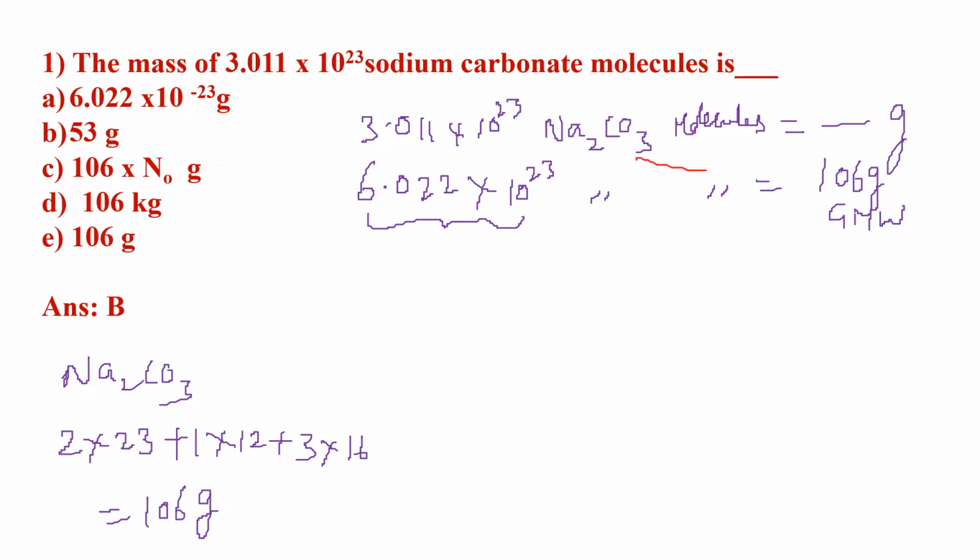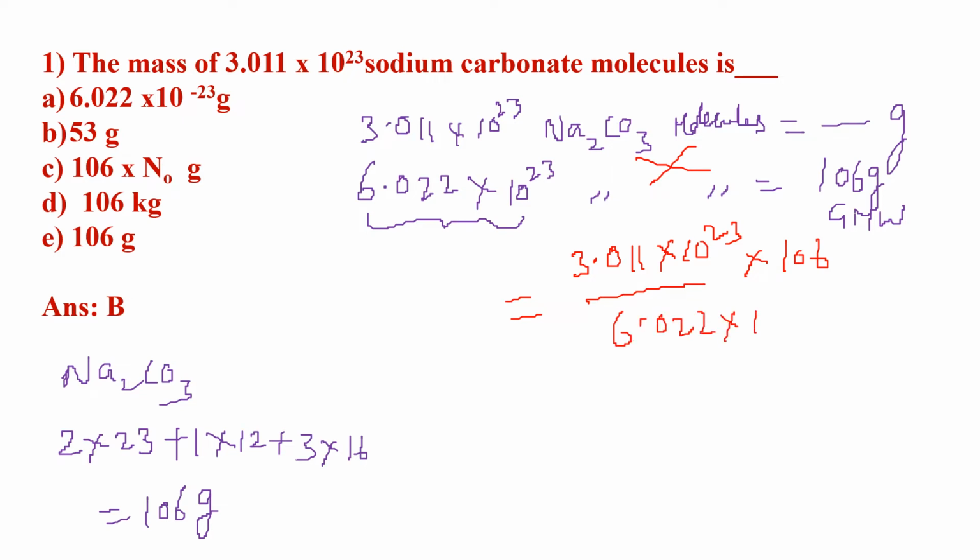Then by using the crisscross method, 3.011 into 10 to the power of 23 into 106 divided by 6.022 into 10 to the power of 23. You take molecules on one side and grams on the other, and finally you get the mass.